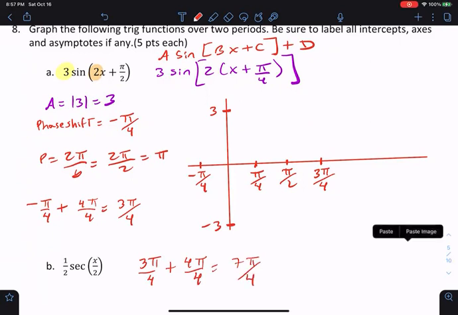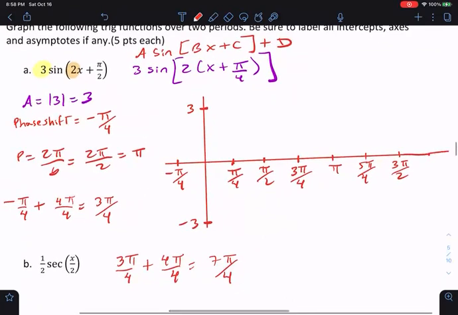So I see the pattern here: negative pi over 4, 0, pi over 4, 2 pi over 4, which reduces to pi over 2, 3 pi over 4. Then the next one should be 4 pi over 4, actually pi. 4 pi over 4, 5 pi over 4, 6 pi over 4, which is going to be 3 pi over 2, 7 pi over 4.